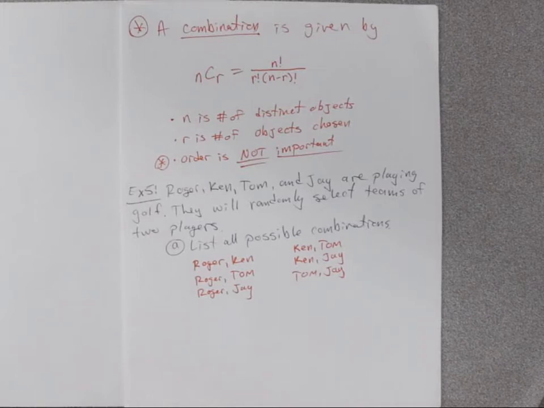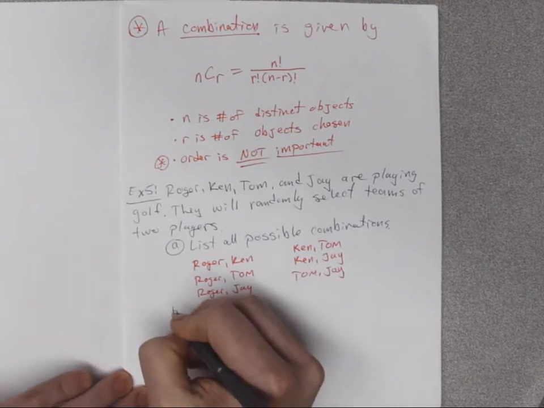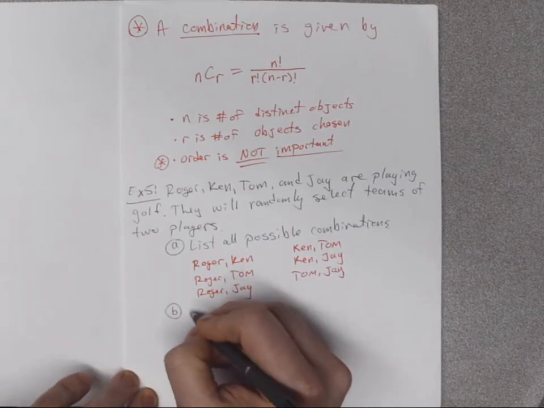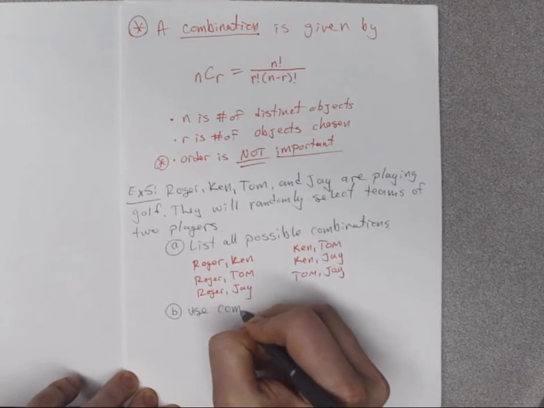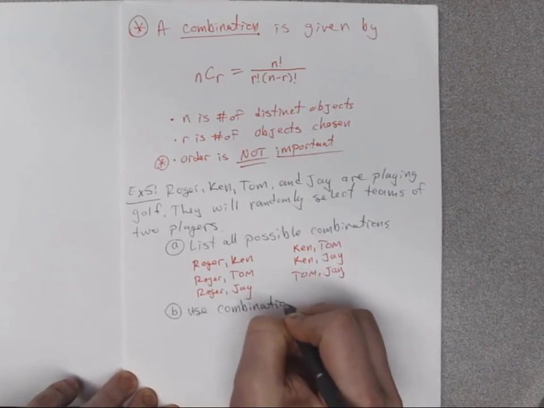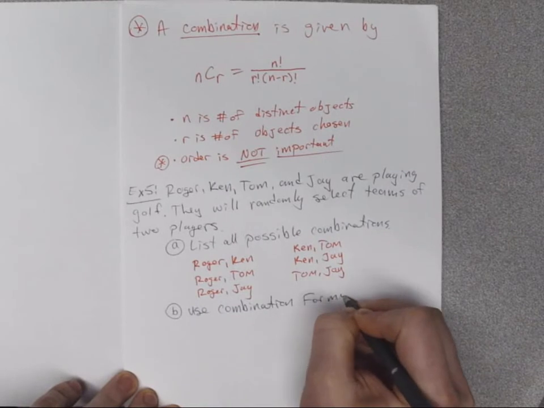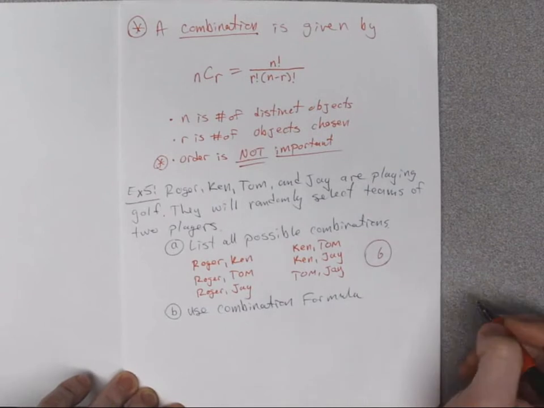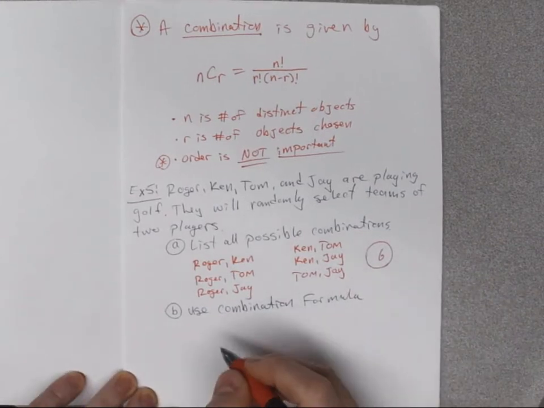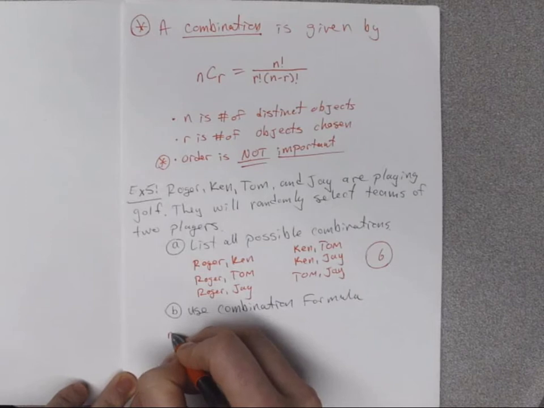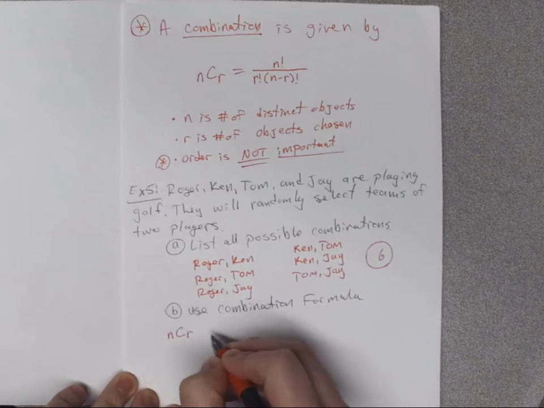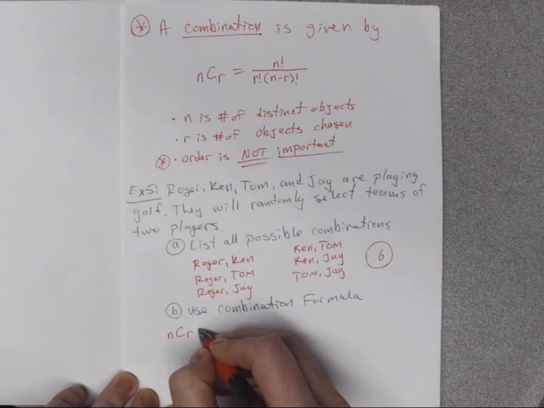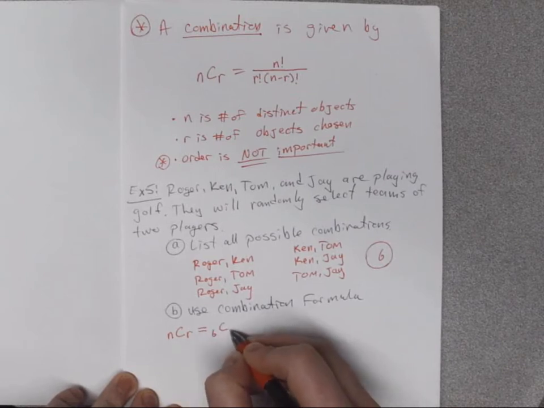So now what I want to look at is part B. Use the combination formula. So up here, I guess I should have written 6 and circled it. So now we write the formula, nCr, which is, in this case, 6 choose 2.